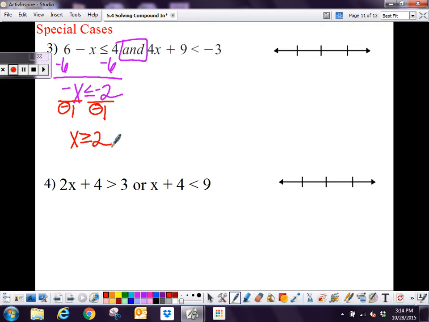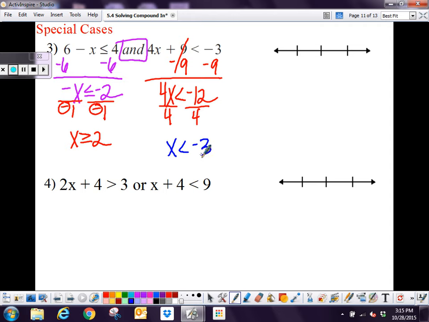Okay, and then over here, I'm going to subtract 9. So I have 4x is less than -12. Divide both sides by 4. And I get x is less than -3. Okay, so I'm going to throw -3 and 2 on my number line.